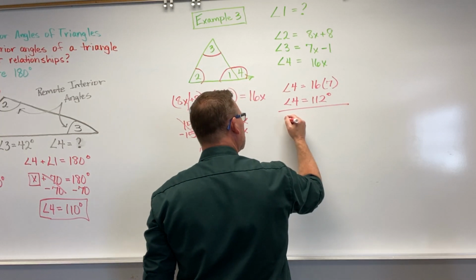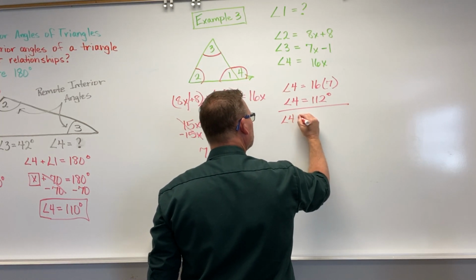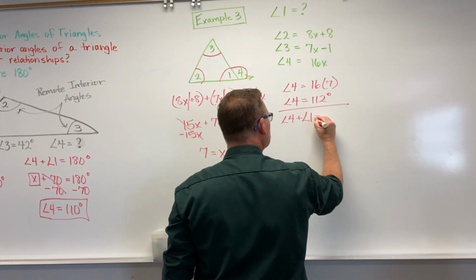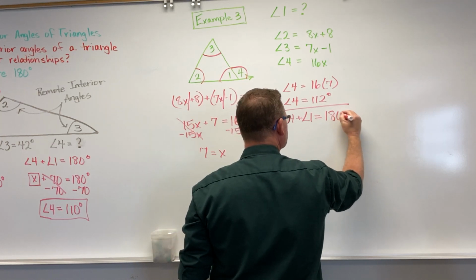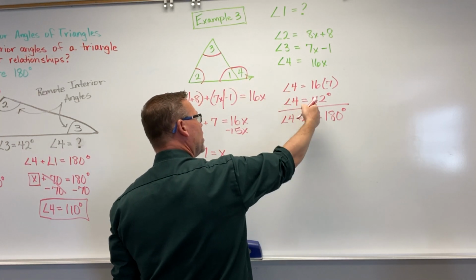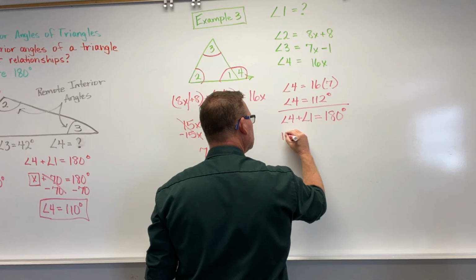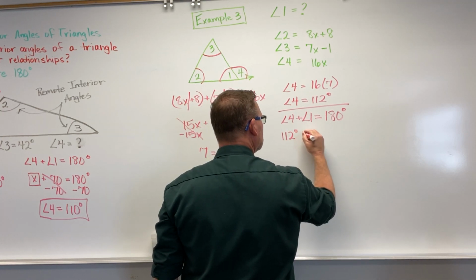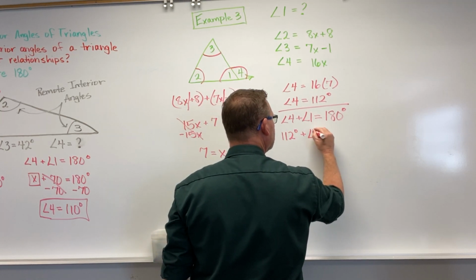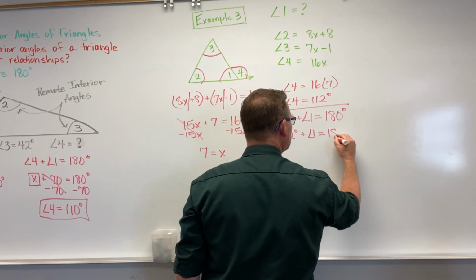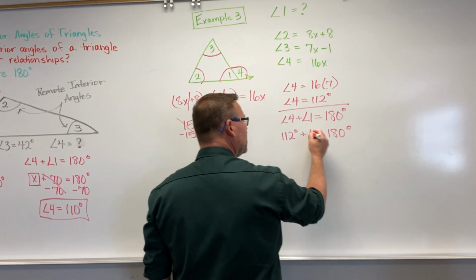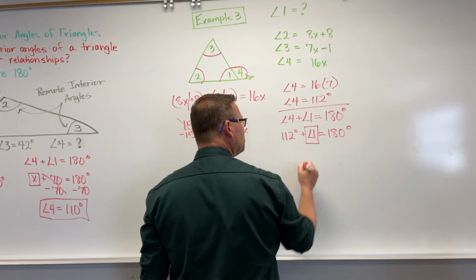Now that we know that, I'm going to draw a line under this. Angle 4 plus angle 1 equals 180 degrees because they're supplementary. We know angle 4 is 112 degrees plus angle 1 equals 180 degrees. I'm going to isolate, this time I'm going to use angle 1 as our variable, right?